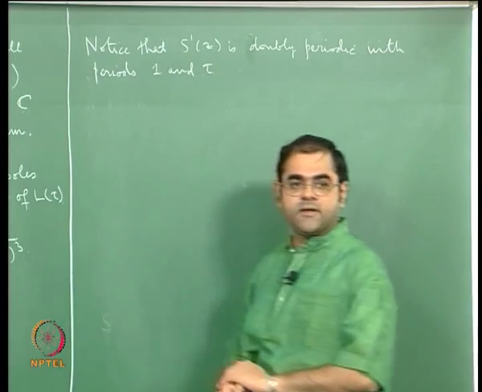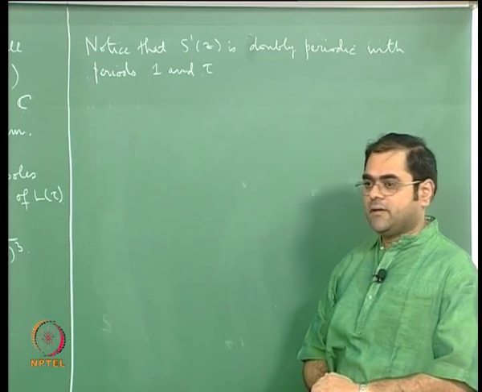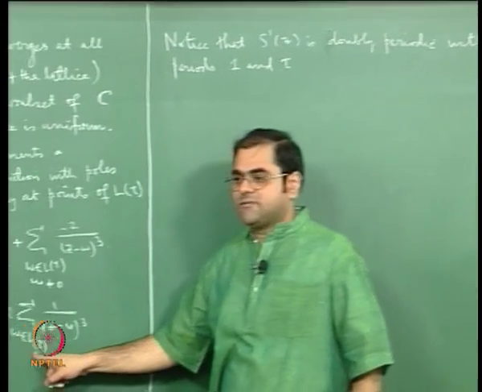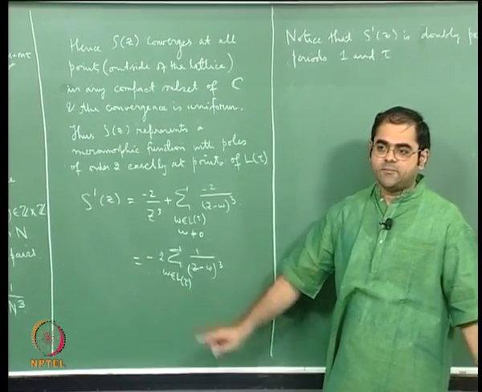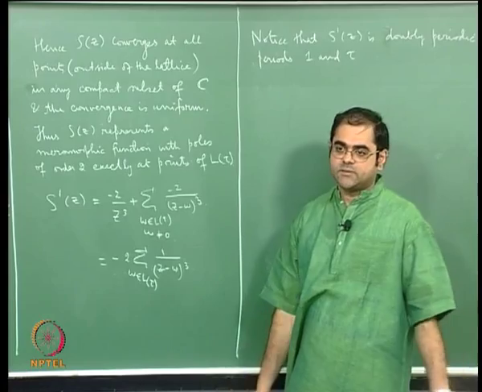It is certainly doubly periodic with periods 1 and tau. That is because you take an element of the lattice and if you translate the lattice by an element of the lattice you are going to get back the lattice, so nothing is going to happen.